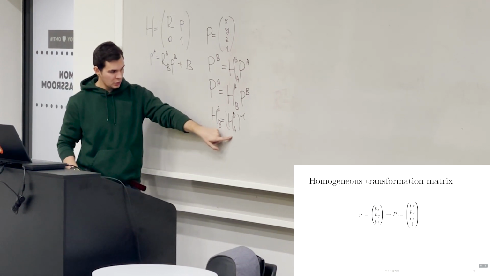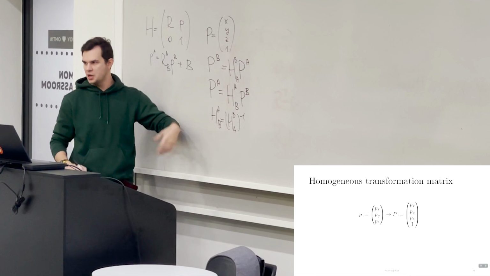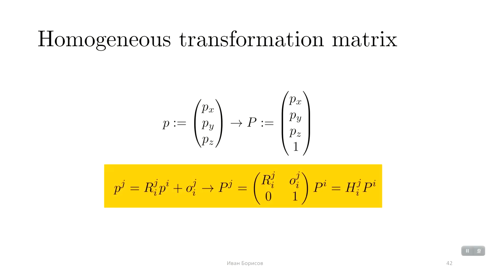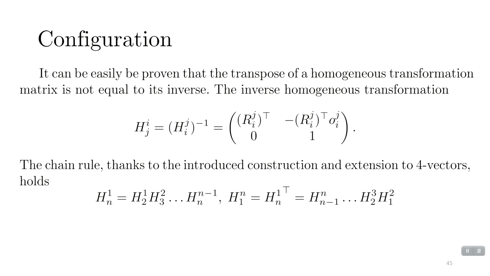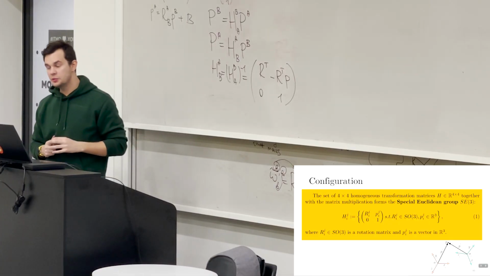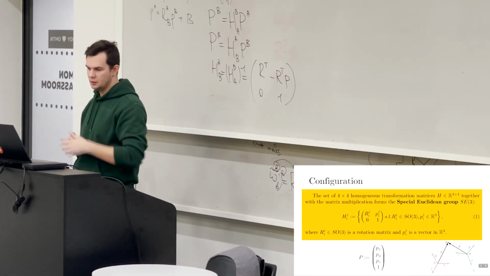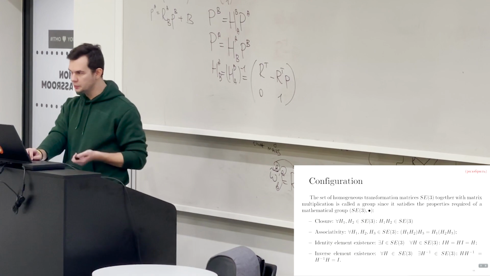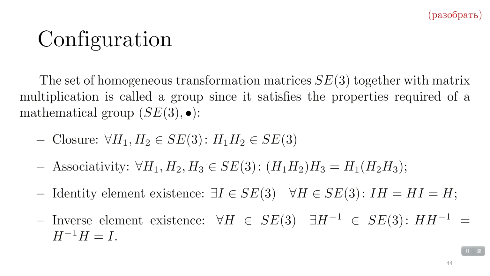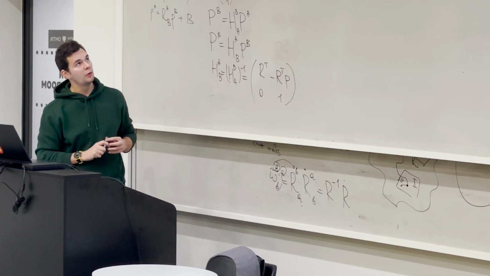Right now, the inverse will not be the H transpose. The equation will be like this. Also, H is a group. It satisfies the axioms to be a group with the operation of multiplication.